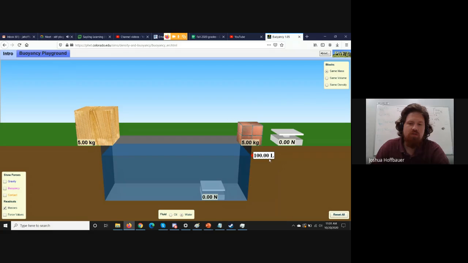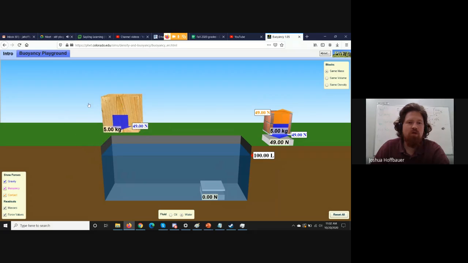It shows you the liters in the pool. It shows you the newtons, the weight of whatever you put on the scales. But in the bottom left of the screen, there's already a check mark saying that there's a mass readout. But you can also turn on force values. You turn on readouts for force values, and then hit all of these arrows here to show the different kinds of forces acting upon an object.